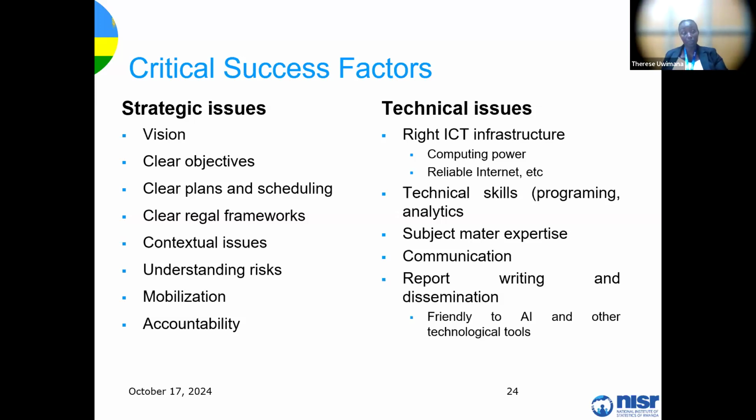But also we need the right partnerships. I think this has been spoken on earlier. We need the right partnerships to drive this forward. At the technical level, we need the right infrastructure, be it computing power or reliable internet, but also the right skills. And we also need to work on our statistical products.